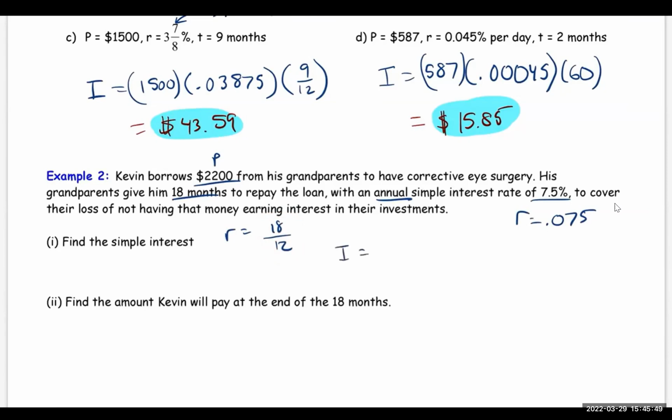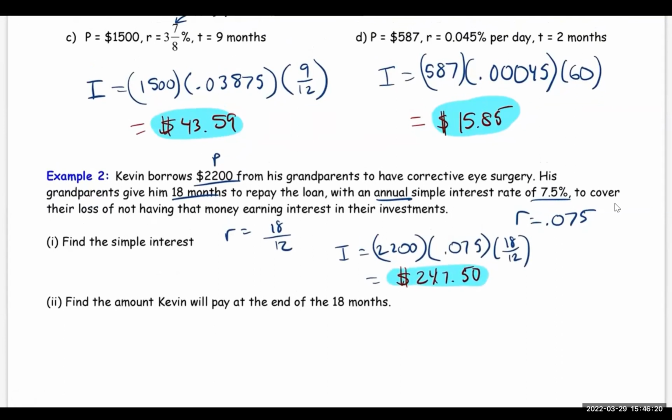So we have everything we need. Interest is equal to the principal times the interest rate times the time, and that would be 2,200 times 0.075 times 18 divided by 12, which is $247.50. So that's how much interest he owes his grandparents.